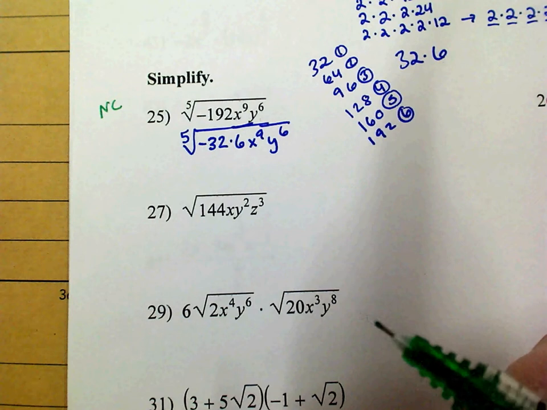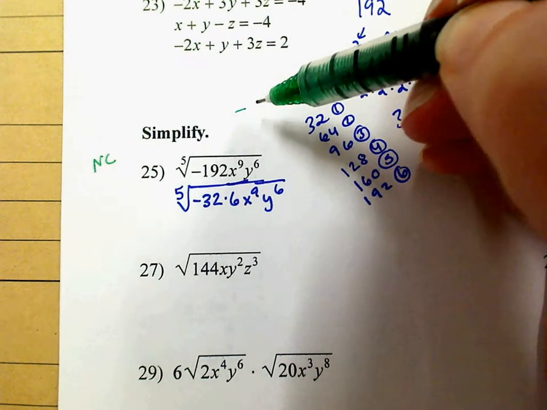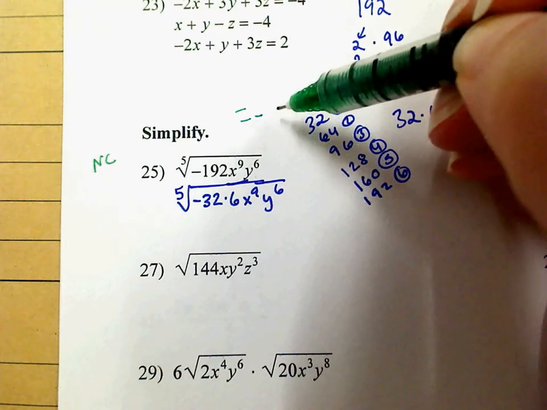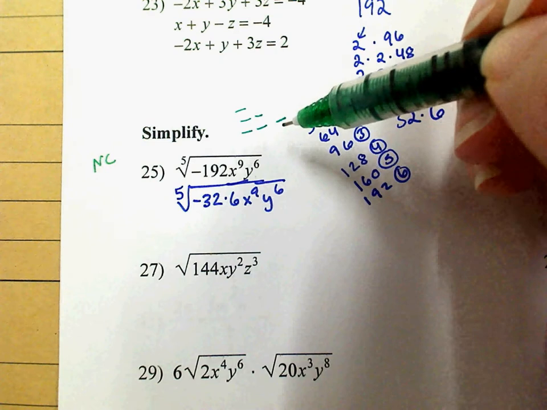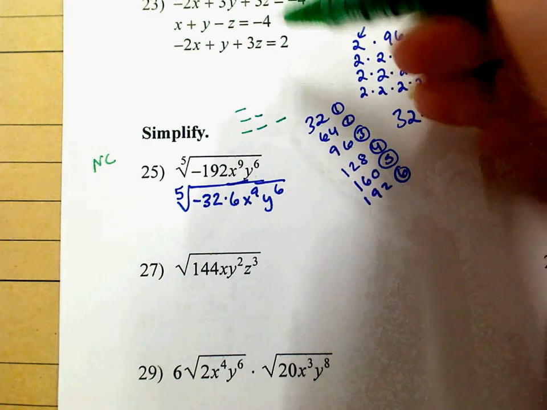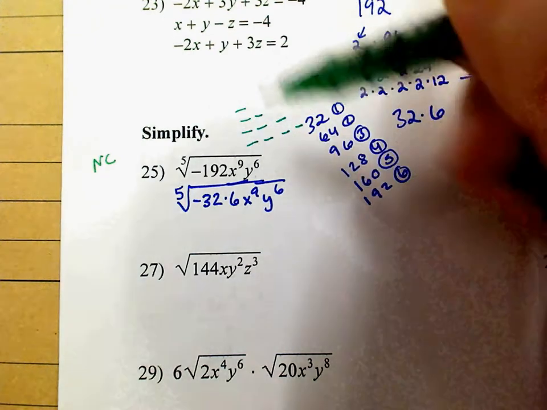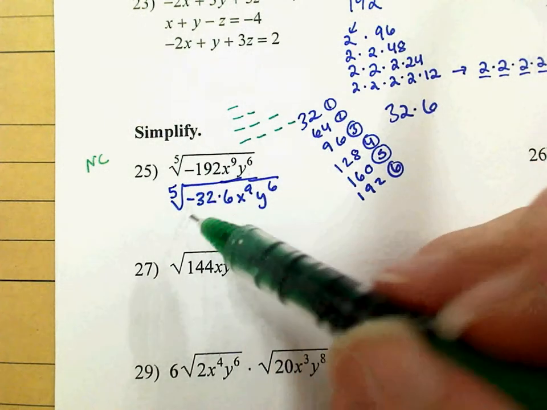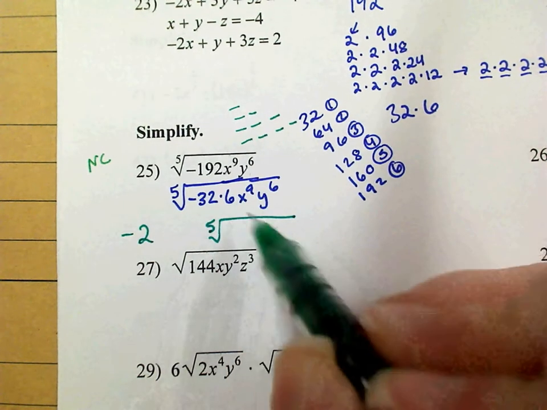If I think about an odd number of negatives, that's negative. Negative times a negative is positive, times a negative is negative. An even number is positive. So the fifth root of negative 32 is negative 2. And I leave the 6 on the inside.